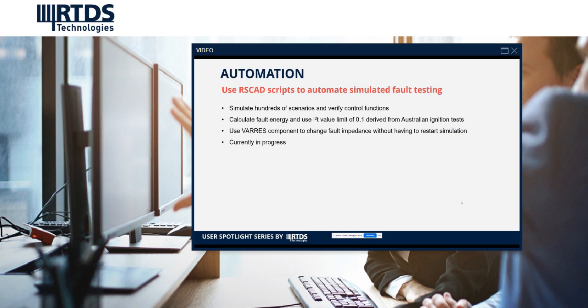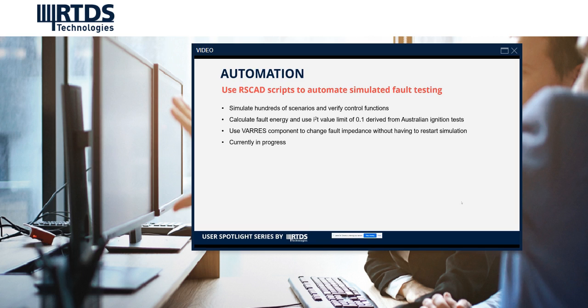So a little bit more about the automation. We're using RSCAD scripts to automate the simulated fault testing so we can perform hundreds of scenarios and verify the control functions. We're also looking to calculate the fault energy based on the initial transient of the fault and the steady state current.